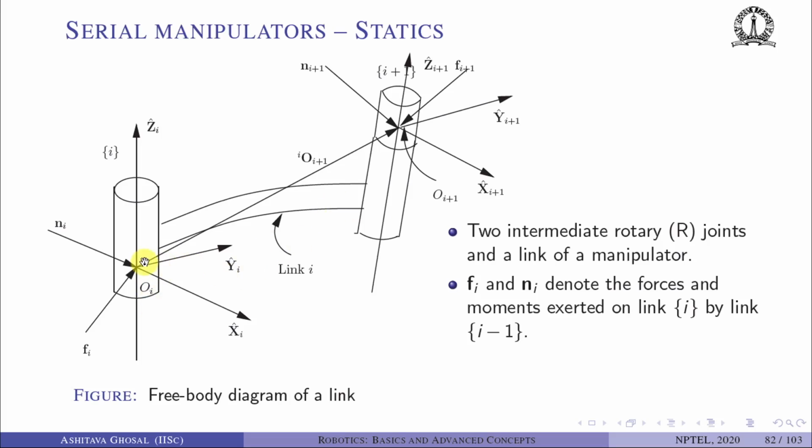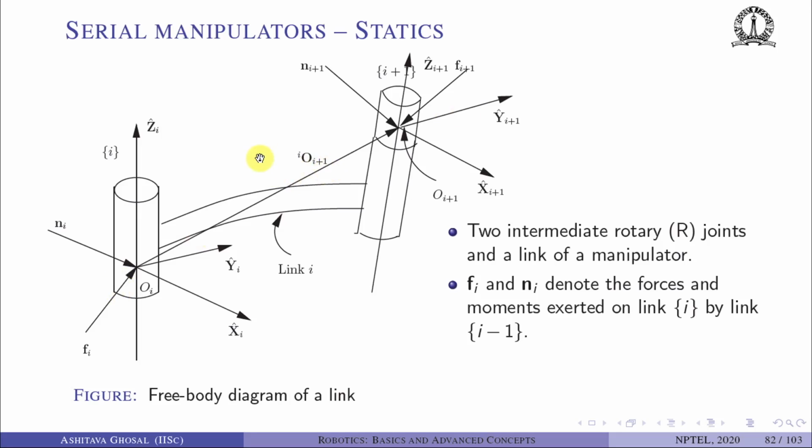The only thing is the x, y, and z axis and the origin are shown for link i. Similarly, the x, y, and z axis of the i plus 1 coordinate system and the origin O i plus 1 is shown. There is a vector which locates the i plus 1th origin with respect to the ith origin. This is vector r i plus 1.